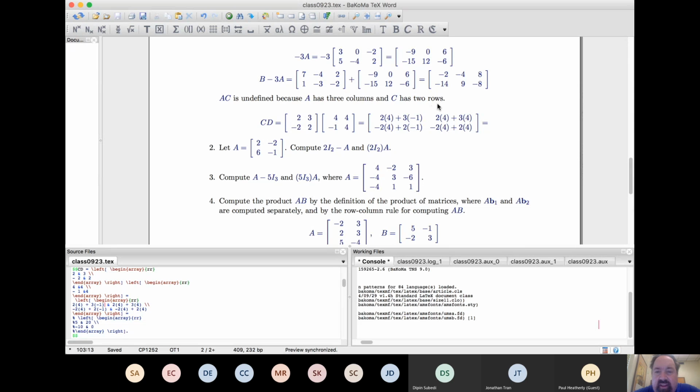Similar for the entry in row 1, column 2. So row 1, column 2 deals with the first row of C, second column of D. So I have 2 times 4 plus 3 times 4. And that gives me the 1, 2 entry.